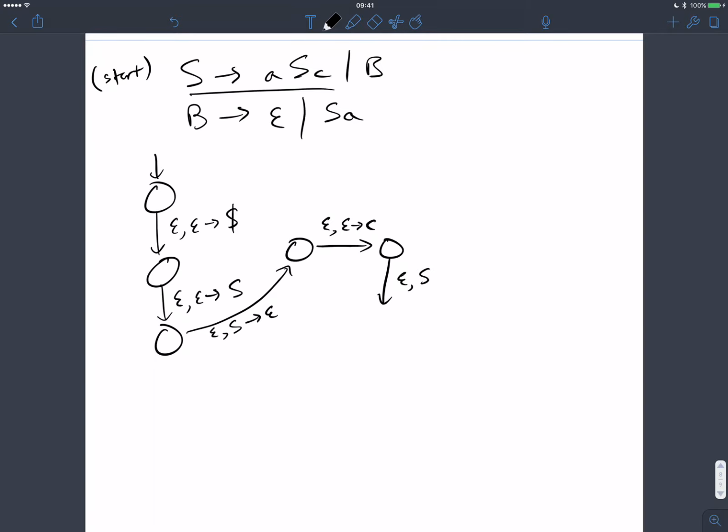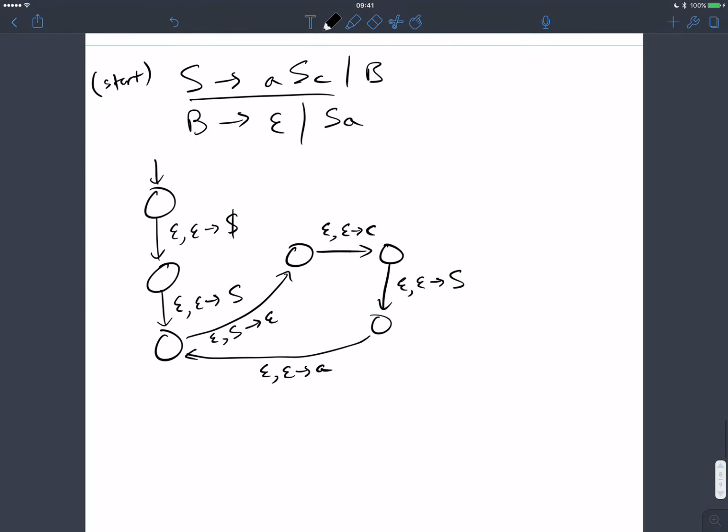Then push S, then push A on. I mess this up all the time. So it's just popping the variable off, then pushing the right-hand side in reverse order.